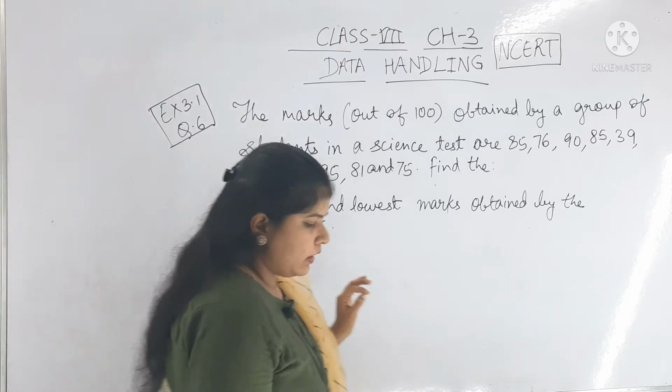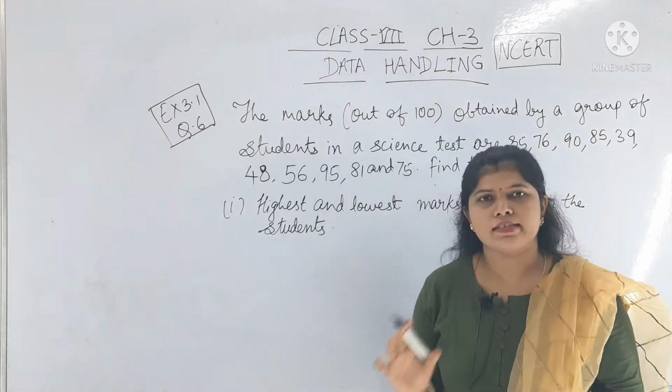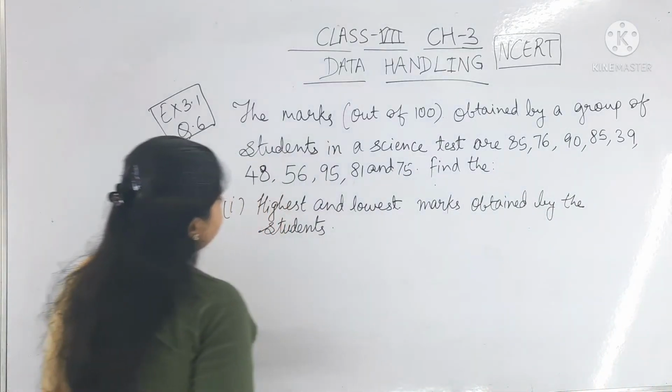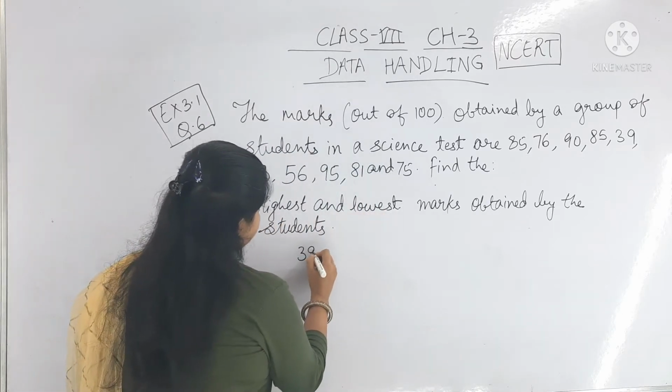For this, it is easy if you arrange these marks in ascending order, means smallest to biggest. You can see 39 is the smallest number.